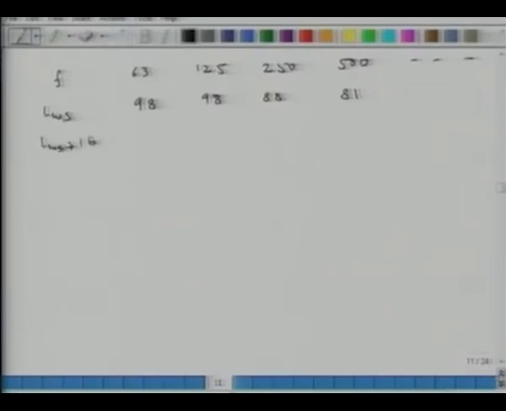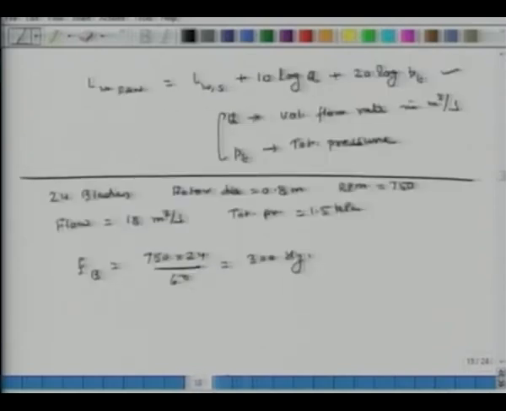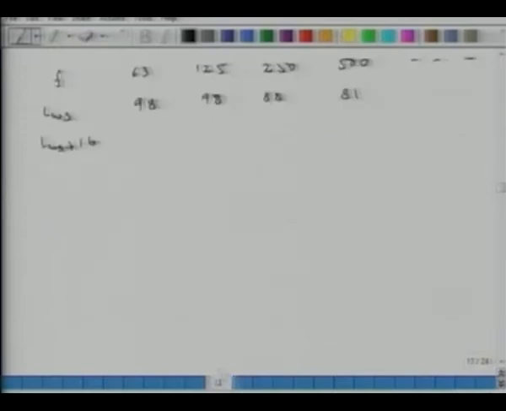Where did 16 come from? 10 log of 18 plus 20 log 1.5, that is 16. So if I add 16 to this, what I get is 114, 114, 104 and 97.